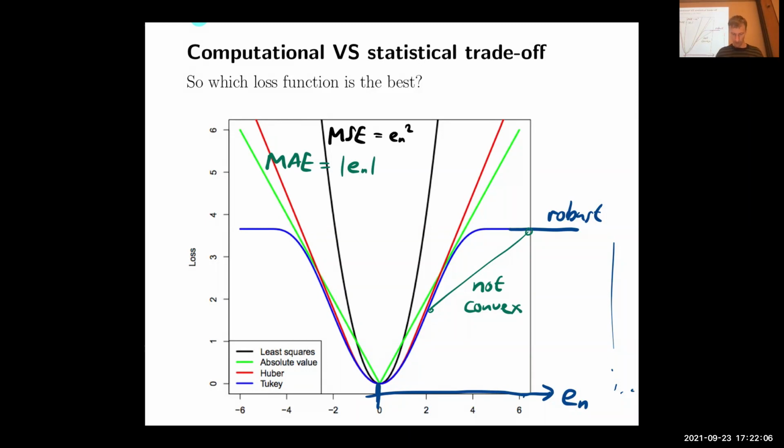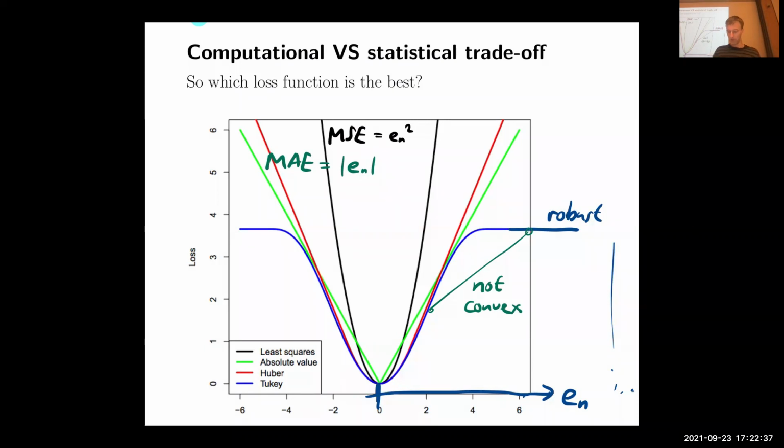Then the red one is also very well known in statistics, the Huber loss function, but we're not going to use it. And then there are other more advanced loss functions, mainly coming from the field of robust statistics, which try to address exactly this challenge: we would like a cost function, a loss function, to have both these properties, to be statistically robust and, at the same time, hopefully we can still find the minimizer.